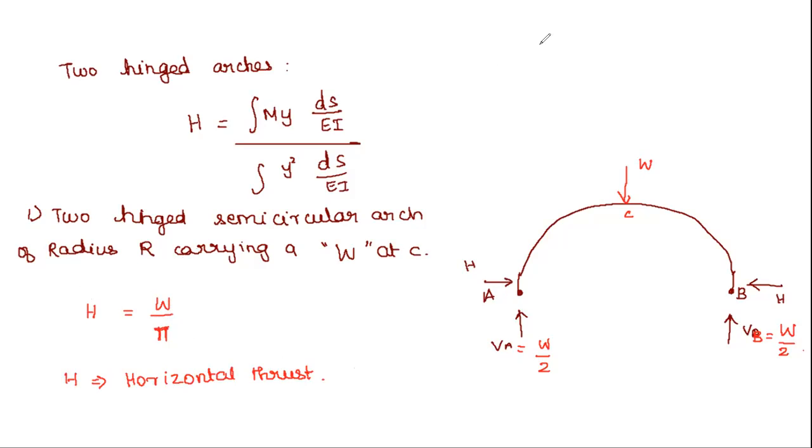So next condition. Condition number 2: a 2-hinged semicircular arch of radius R carrying a load W at a section whose radius vector makes an angle alpha with the horizontal.